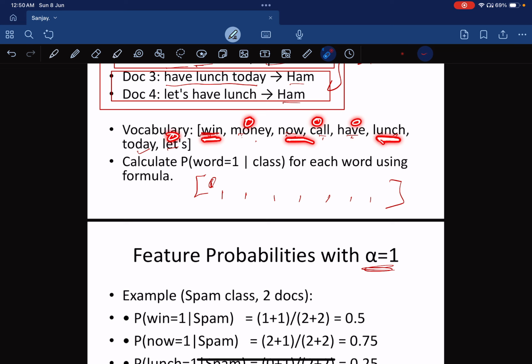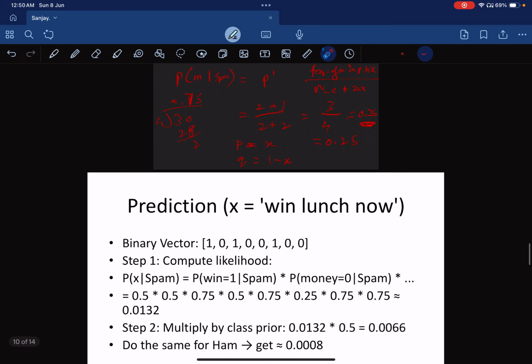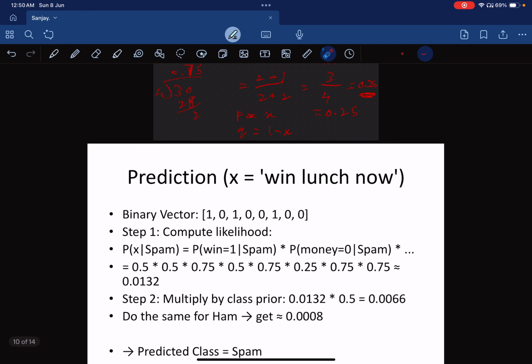Sorry, the first, third and sixth positions have a 1, others are 0. This means we need to decide whether this data belongs to this class. That means we need to find the probability. What is the probability that win belongs to this class?